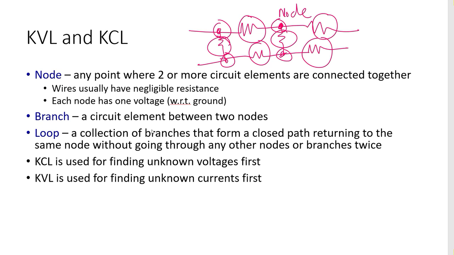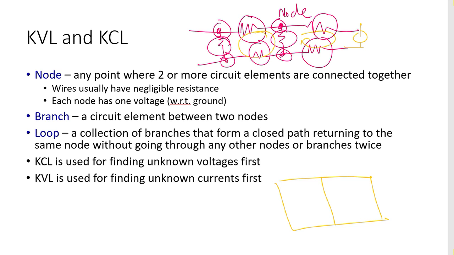Okay, a loop is formed from branches when the branches are closed. So if we check this circuit, in this circuit only one branching system is closed, so this is a one loop circuit. If we close this thing by a battery, we will have a two loop circuit. It is not necessary that we use loops in a direct manner.